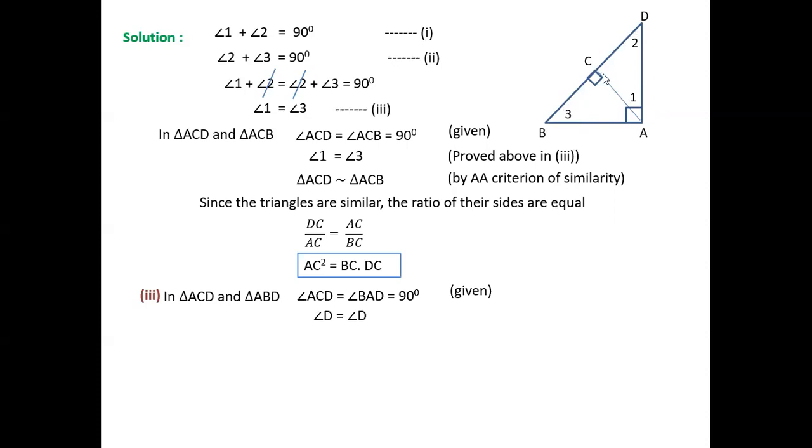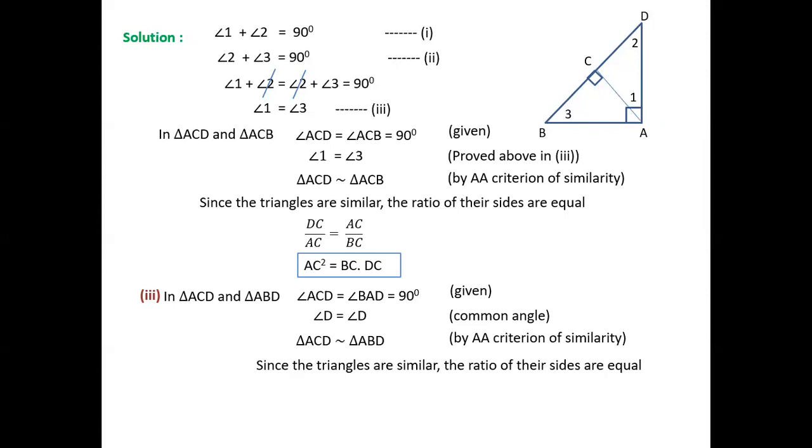Next, angle D is common to both these triangles. This angle is part of this triangle and it is a part of the bigger triangle also, so it's a common angle. Therefore, this small triangle and the complete triangle are both similar by the criterion of similarity. Because these two triangles are similar, the ratio of the sides must be equal.